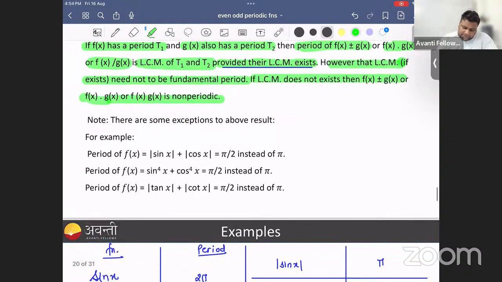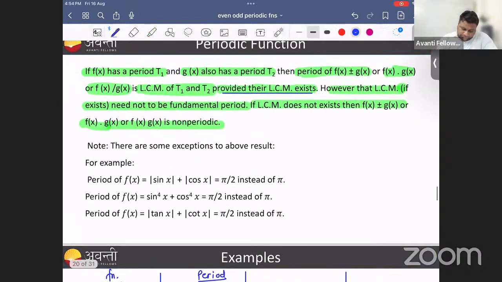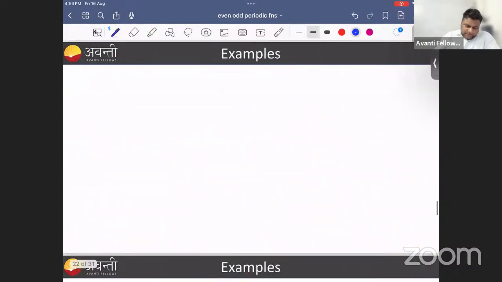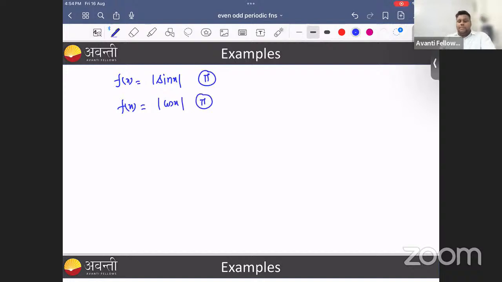Like, if you realize, one question I would like to ask you. See, f(x) equals mod sine x. What is the period? Pi. f(x) equals mod cos x. What is the period? Pi. If I add both of them, I make a new function that is mod sine x plus mod cos x.